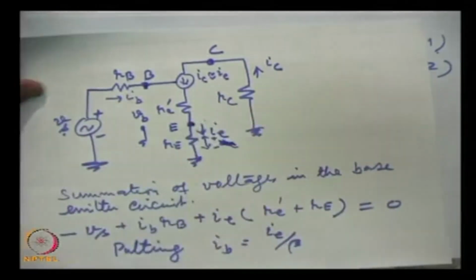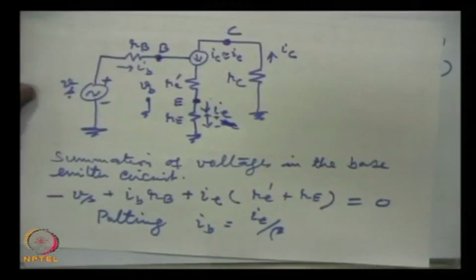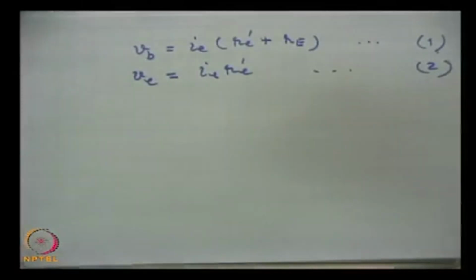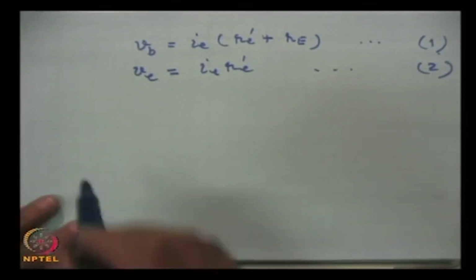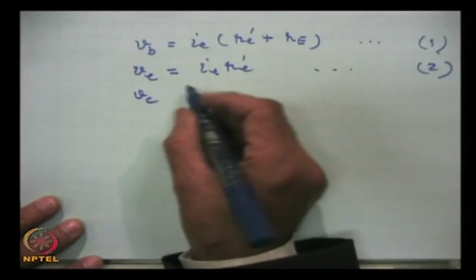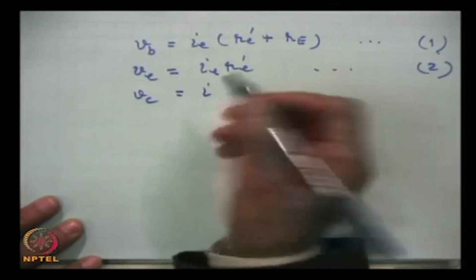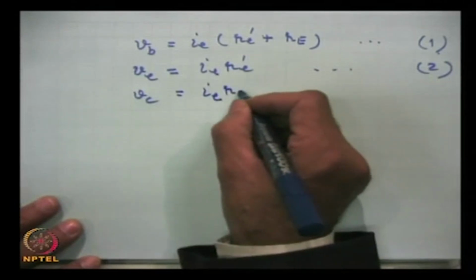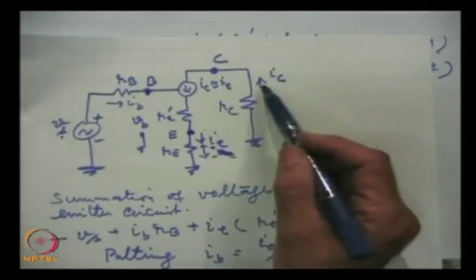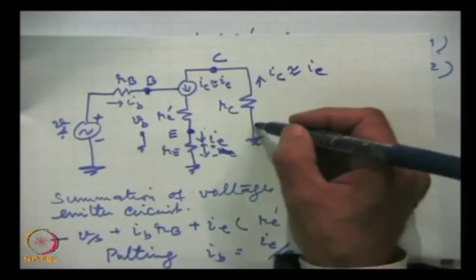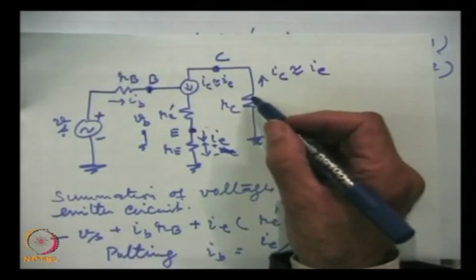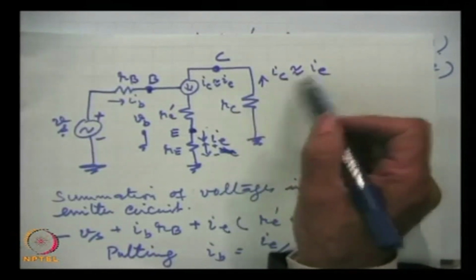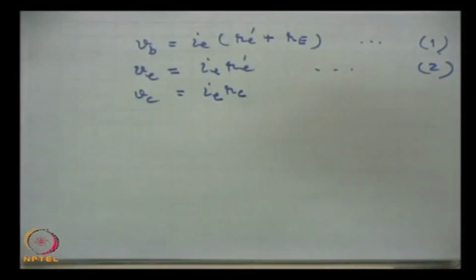So, between this and ground will be this voltage, and that is Ve. Then Vc, the collector current is Ic, which we can write as Ie and Rc. This Ic, which is same as Ie, is flowing through this lead, then what is the voltage which we will observe across this? This is Ie into Rc.